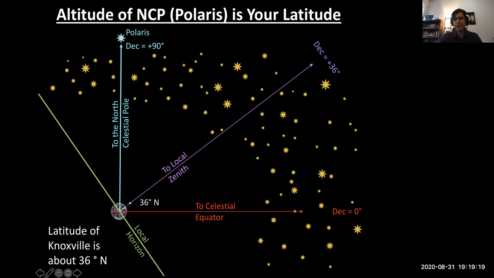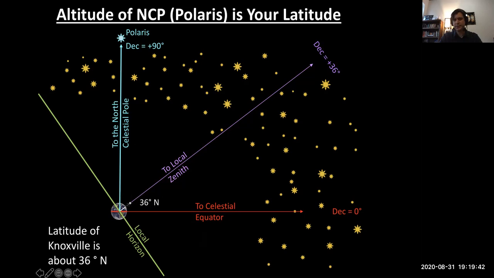Okay. We have 90 degrees between my horizon and my zenith. I know that this angle is 36 degrees. I know there are 90 degrees between dec 90 and dec 0, the celestial equator and the north celestial pole.